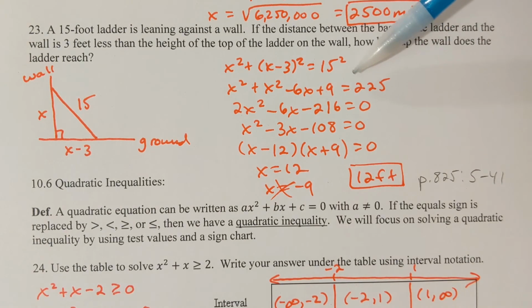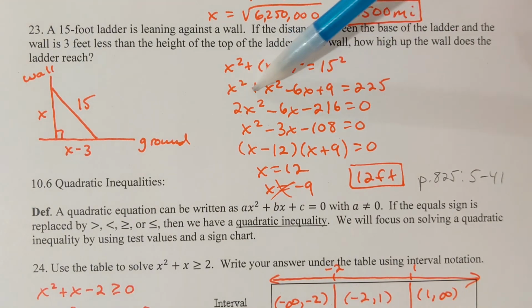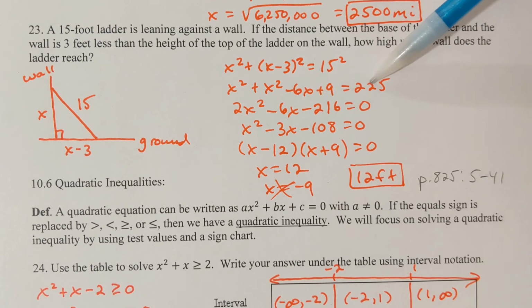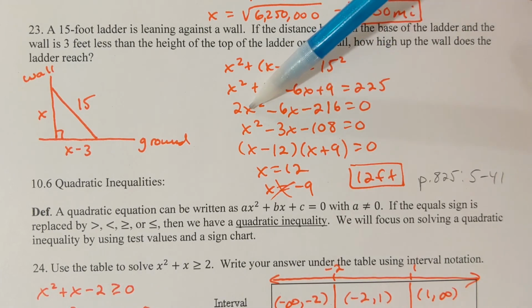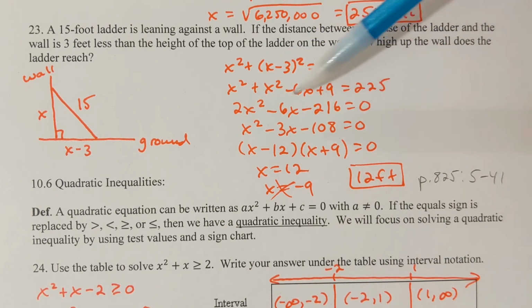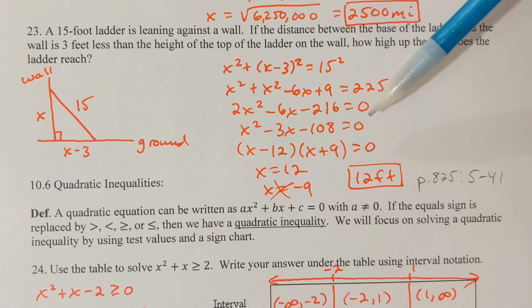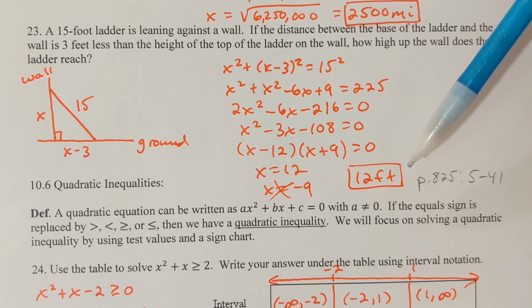So then I'm getting everything onto the left. Combine these two terms. 9 minus 225 is negative 216. I can make the numbers a bit nicer by dividing both sides by 2. Divide the three terms here by 2. Now I'm looking at x squared minus 3x minus 108 equals 0.